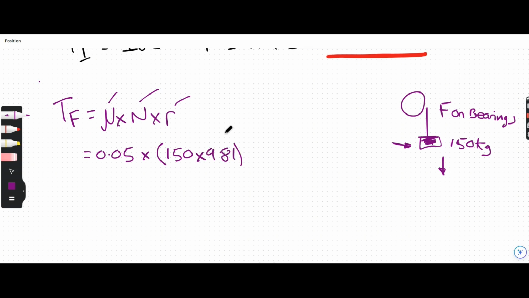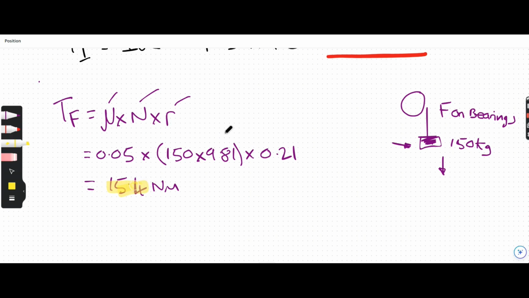So that's how much force there was on the bearings, times by the radius of the flywheel, which is 0.21 for me. If you times them all together, this will give me my torque to overcome friction. In my example, it's 15.4 newton meters.